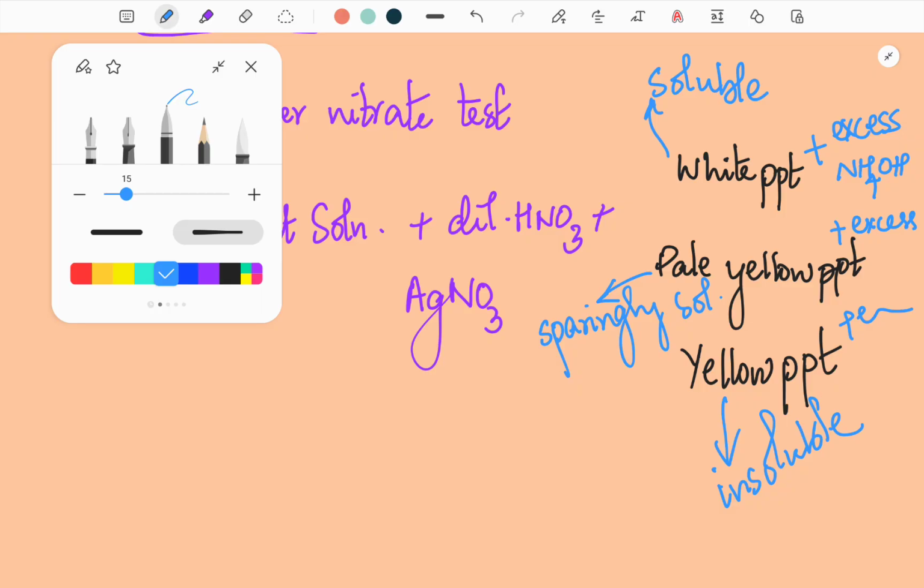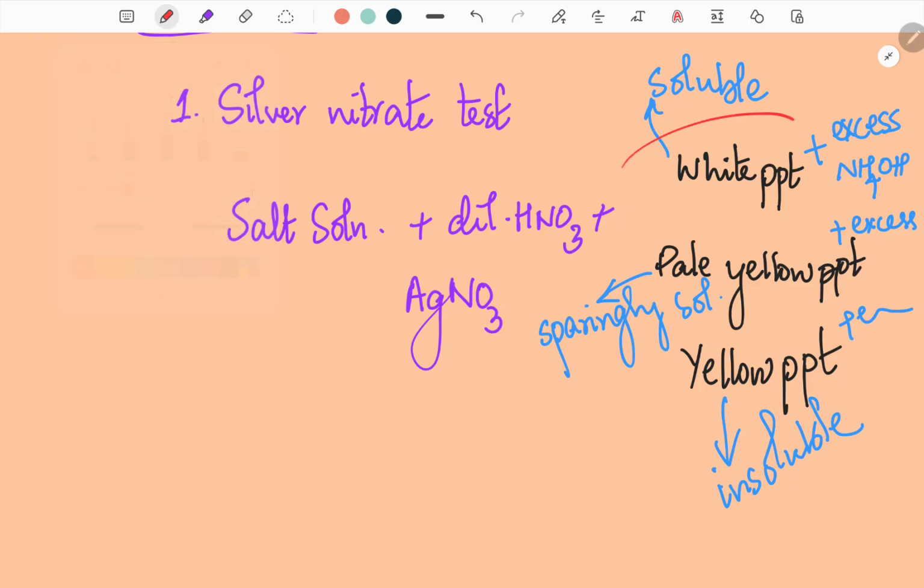So, if the white precipitate is soluble in excess ammonium hydroxide, then that means chloride ion is present in your salt. So, this is chloride confirmatory test. If you are getting a pale yellow precipitate which is partially or sparingly soluble in excess ammonium hydroxide, then bromide ion is present.